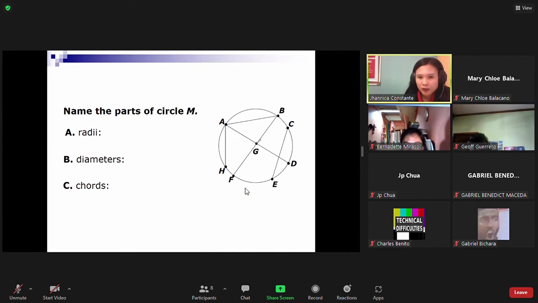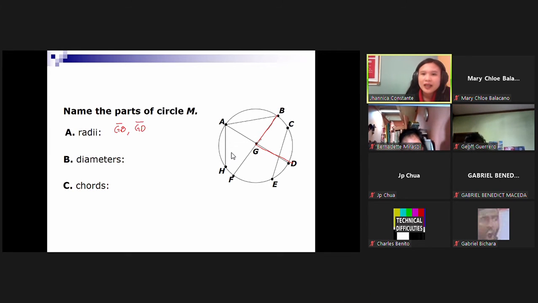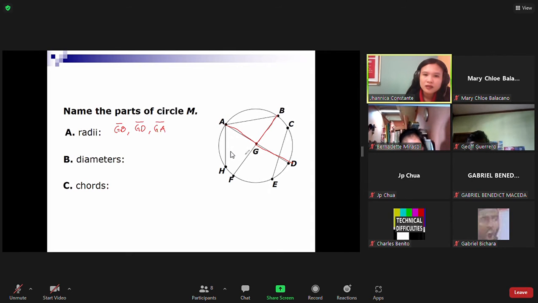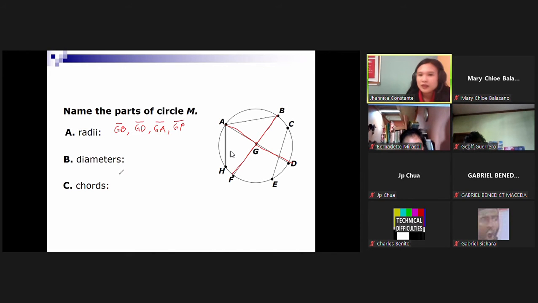For example, line segment GB. That's one of the radii. We have line segment GD, that's another radius. Line segment GA and line segment GF. So those are the radii in our circle.